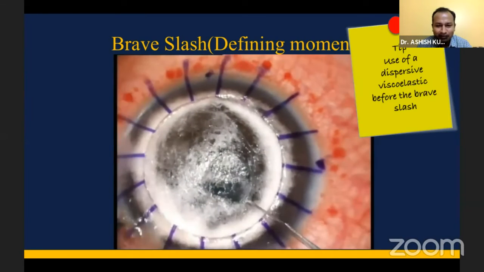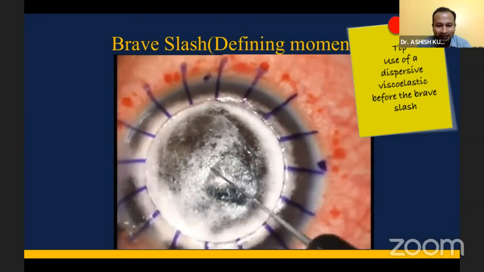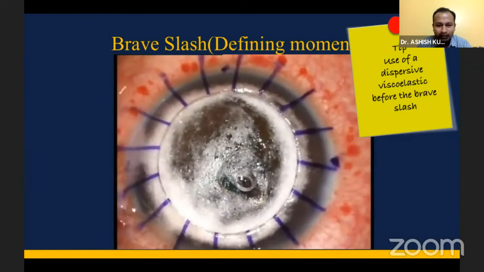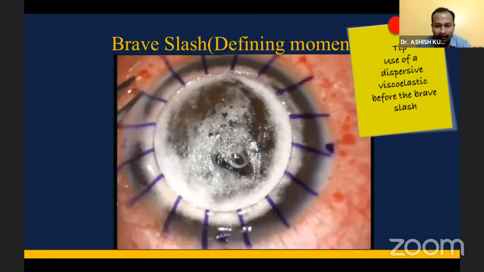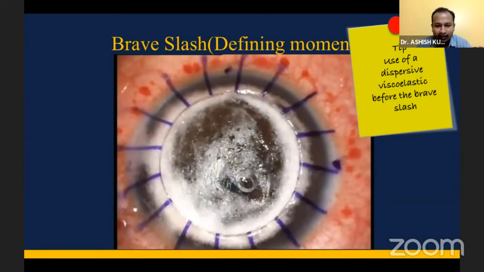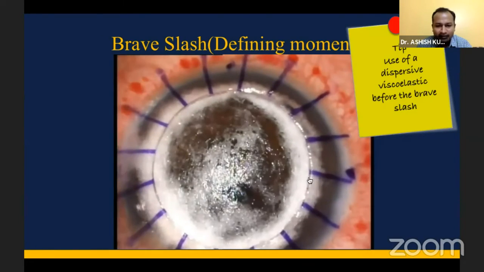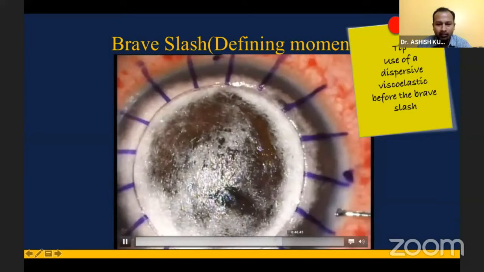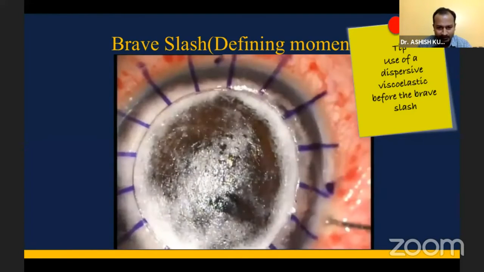So small, gentle, repeated movements, and there you go. You have the bubble just escaped, and then again decompress the chamber. So always keep decompressing the chamber at every step.